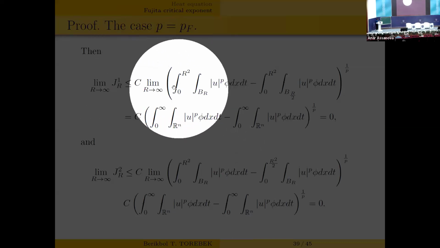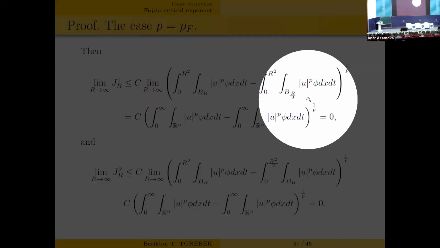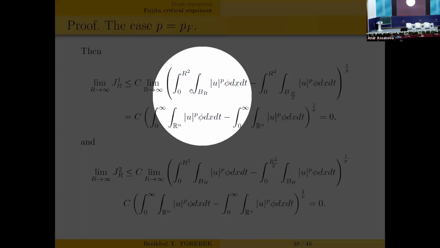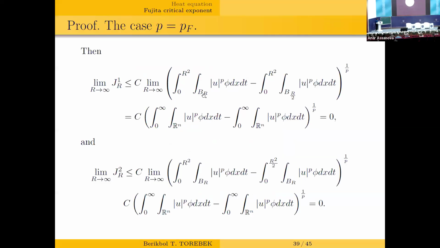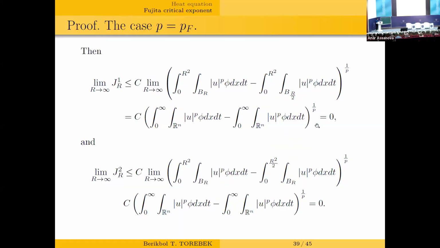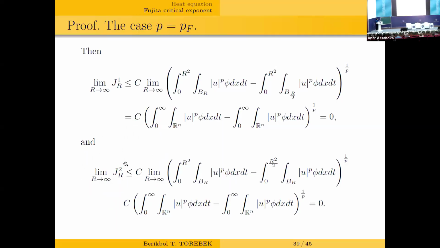Then we can rewrite the integral G1R by these terms. Then if R goes to infinity, this will be from 0 to infinity. This one will coincide with the whole Euclidean space. Then finally, the limit of this function will be equal to 0. And similarly, the second one, G2R, also goes to 0 if R goes to infinity.